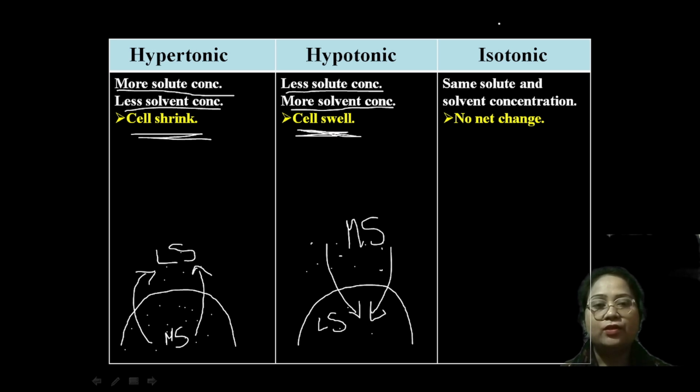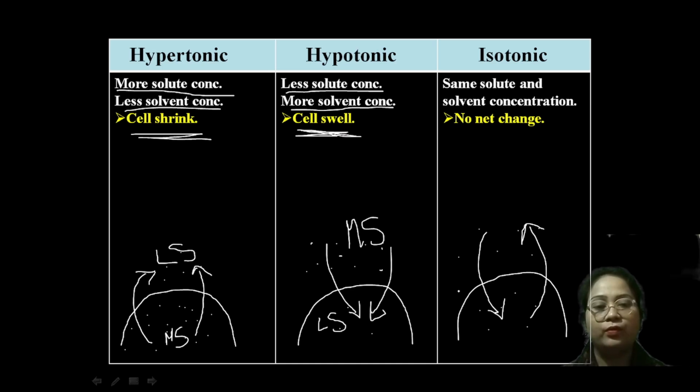And in case of isotonic solution, what will happen? If we place a cell, and suppose I am drawing a plasma membrane, and the amount of solute that is present inside the cell and the amount of solvent are suppose same, then what will happen is, so even if the molecules from the outer environment will move inside to the cell, again the same amount will move outside to the external environment.